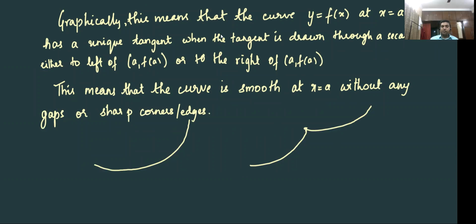Now at this point, if we draw a tangent using a secant to the left, this is the tangent to the left, and then you draw a tangent from the right. Okay, I'm using the orange only.